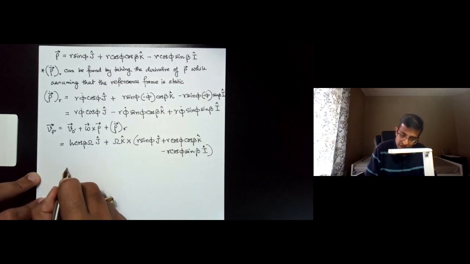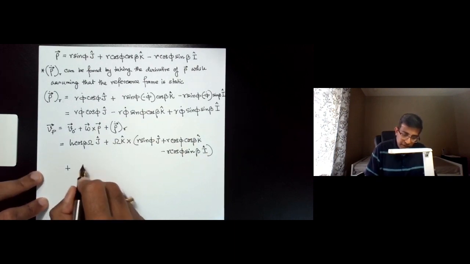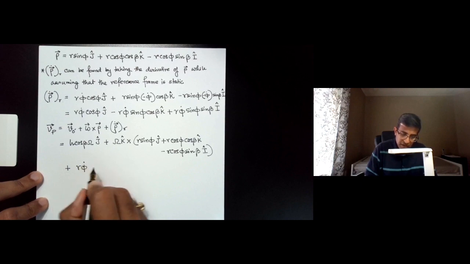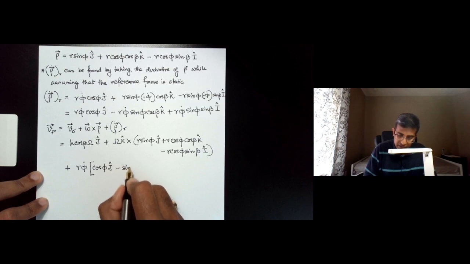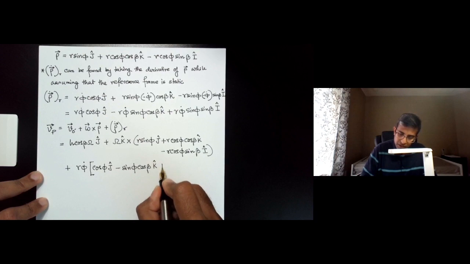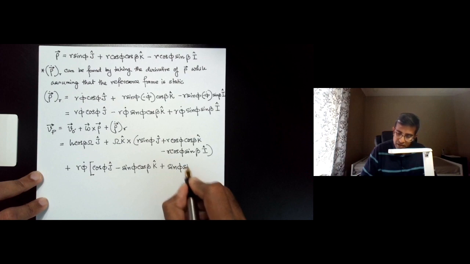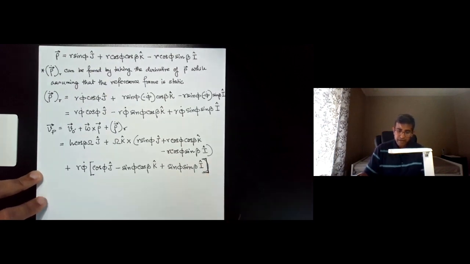And to that we add this velocity in the rotating frame, so that's r phi dot, and I'm just going to put everything else in brackets: cosine phi j minus sine phi cosine beta k plus sine phi sine beta i, right?